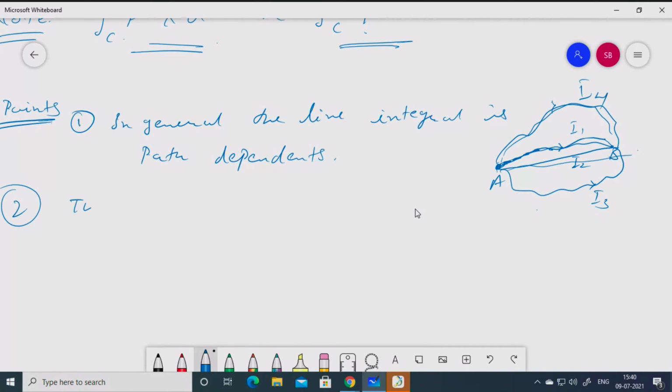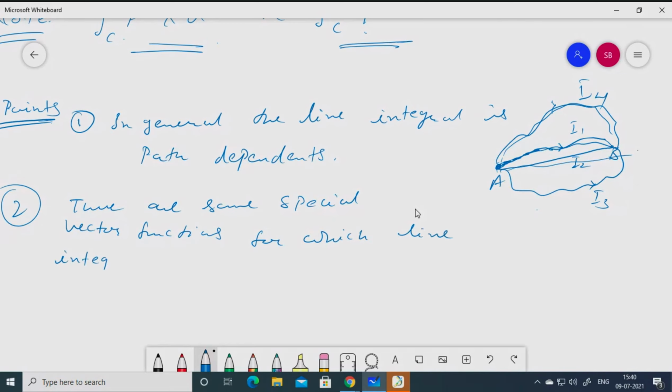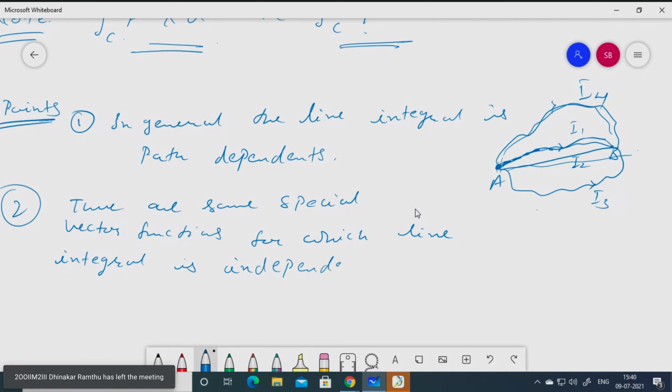So there are some special vector functions for which the line integral is independent of the path you have chosen.